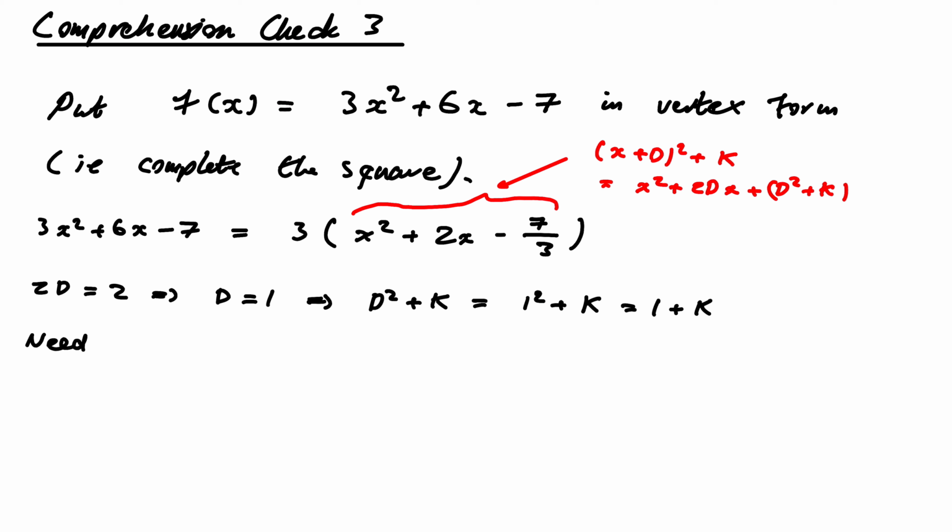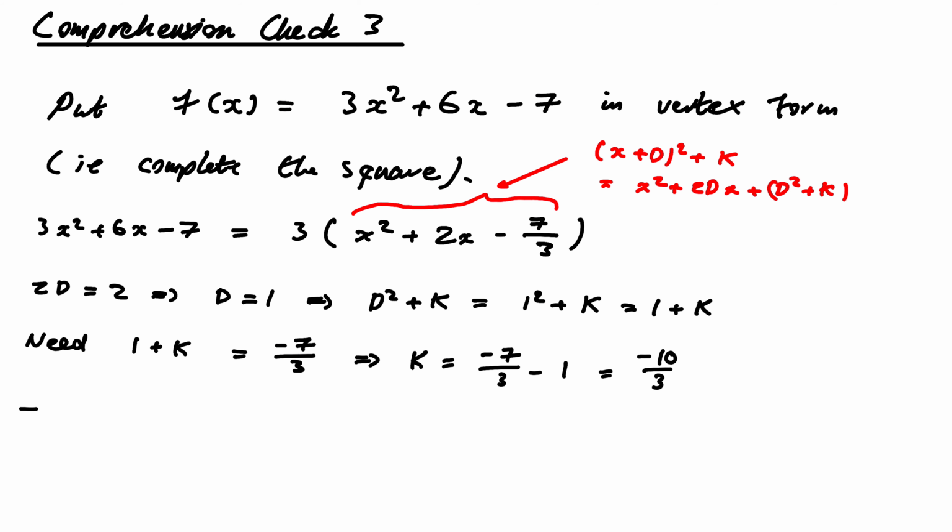We need to have 1 plus k, this piece, equal to this piece. So this has to be equal to minus 7 over 3. So this implies k has to be equal to what? Minus 7 over 3 minus 1. If I make the denominators the same, 3, this will give me minus 10 divided by 3.